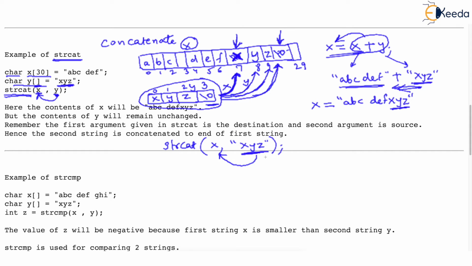What is important to know is that the second parameter is the source, and the source is always appended, concatenated to the target. Of course, you understand from the previous discussion in the videos that the first parameter is the target, so it has to be an array. It can't be a constant string. Okay, so this is how strcat works.